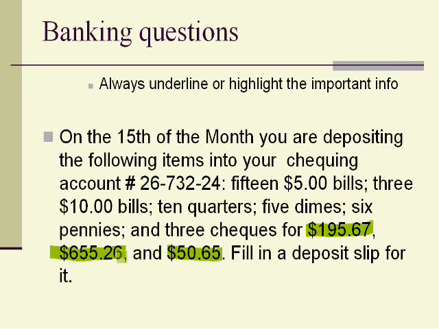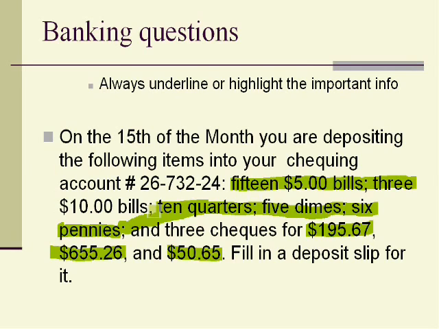Then in change, I have 10 quarters, 5 dimes, and 6 pennies. Then in cash, I have 15 $5 bills, 3 $10 bills, and that's all the money that I'm putting in.